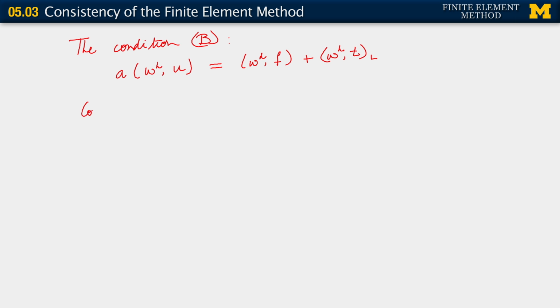Compare this with the equation that we actually solved to get our finite element solution. And that equation, you recall, is the finite dimensional weak form. In this abstract notation, the finite dimensional weak form is this.